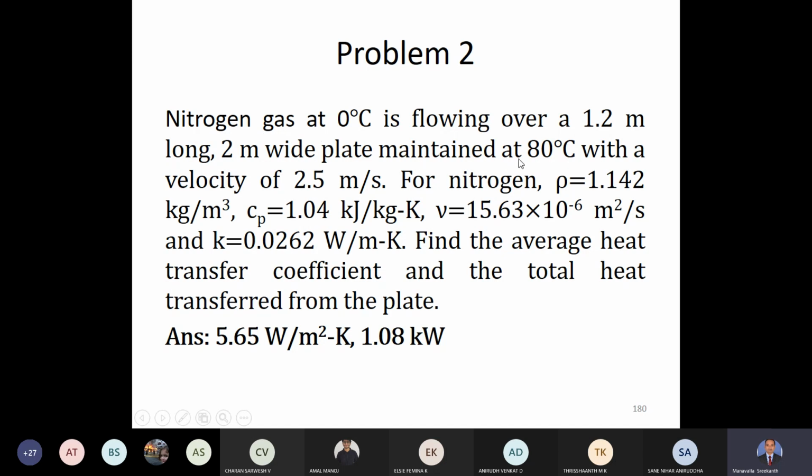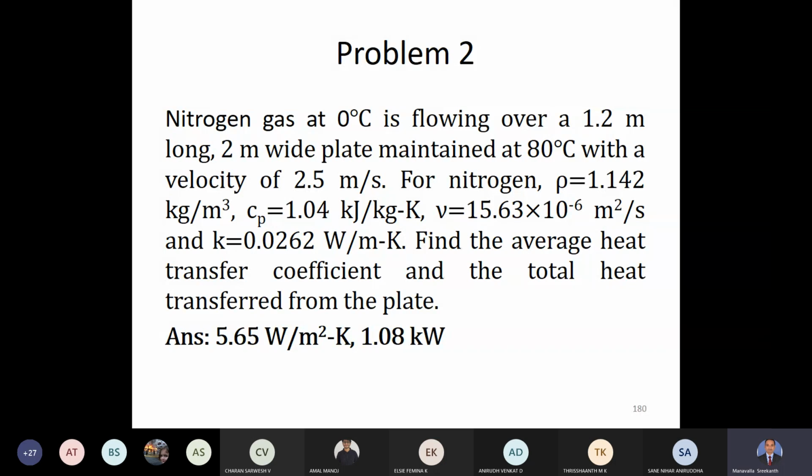So the plate is hot, fluid is cold, and we are asked to find out the rate of heat transfer and also the average heat transfer coefficient. If you are able to find the average heat transfer coefficient, then finding the rate of heat transfer will be easy. So first thing to be done is to find out the heat transfer coefficient.